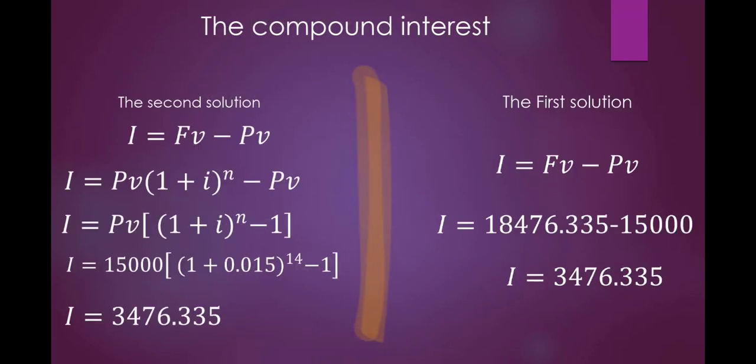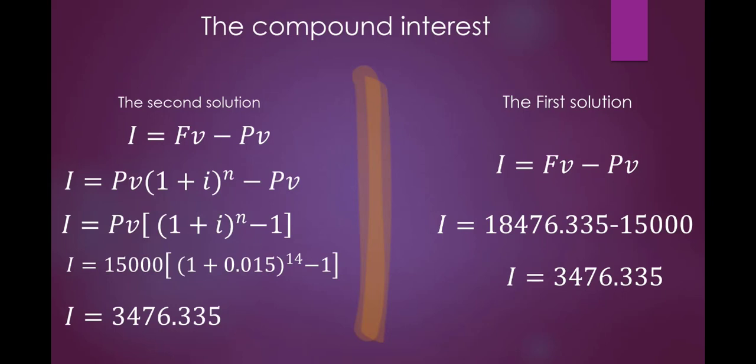And for the interest, we can calculate it in two ways. The first way, we know that I equals the amount minus the principal.